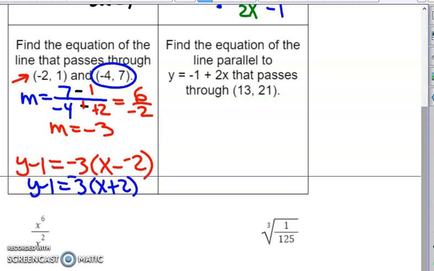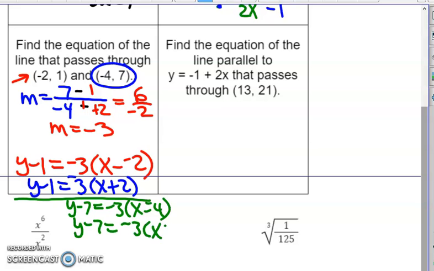If you choose the other combination, it would be y minus 7, since 7 is the y value, is equal to negative 3 times x minus negative 4. So again, I have that double negative with the x, so the final answer would be y minus 7 is equal to negative 3 times x plus 4.